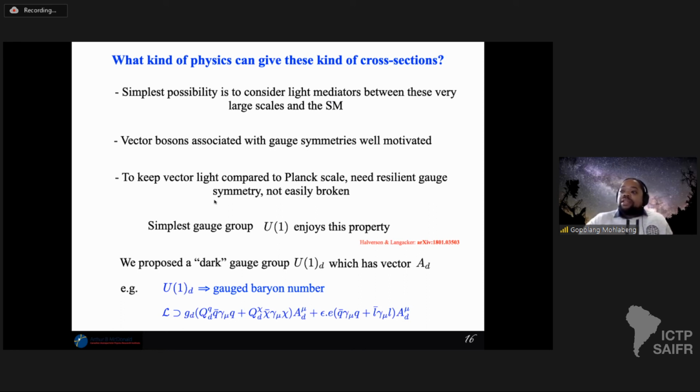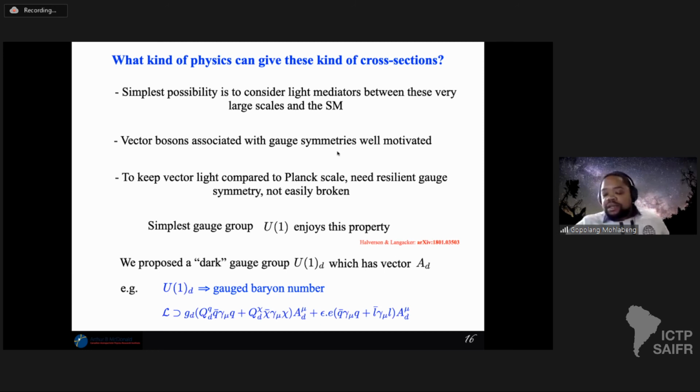It turns out that the simplest gauge group that we consider in most of our theories, the U(1), enjoys this property. If it's embedded in a very large high-scale theory that gets broken down to the lower scales, the U(1) usually survives and then gets explicitly broken. And this was realized in a paper by Jim Halverson and Paul Langacker in 2018.